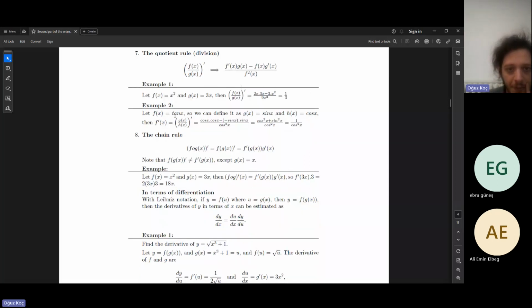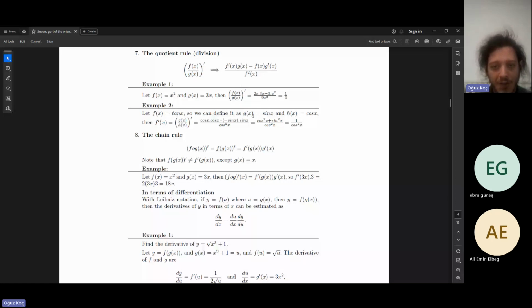And we have the second example. In the second example, our main function is tangent x, which is equal to sin of x over cos of x, and then we think of it as a division of two functions. Therefore, we can use the quotient rule here.